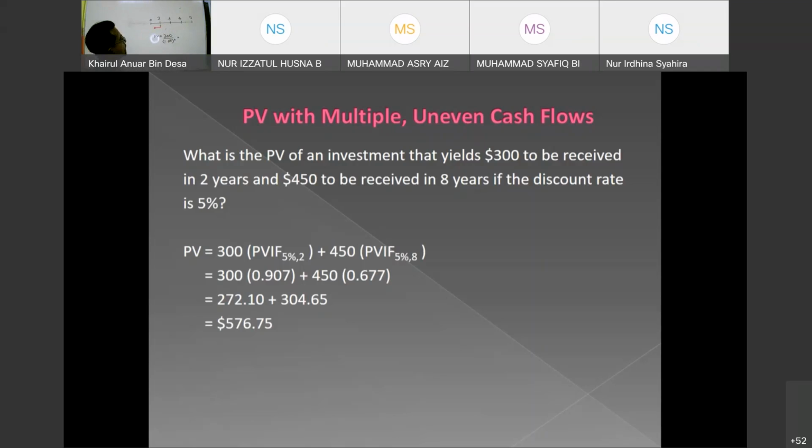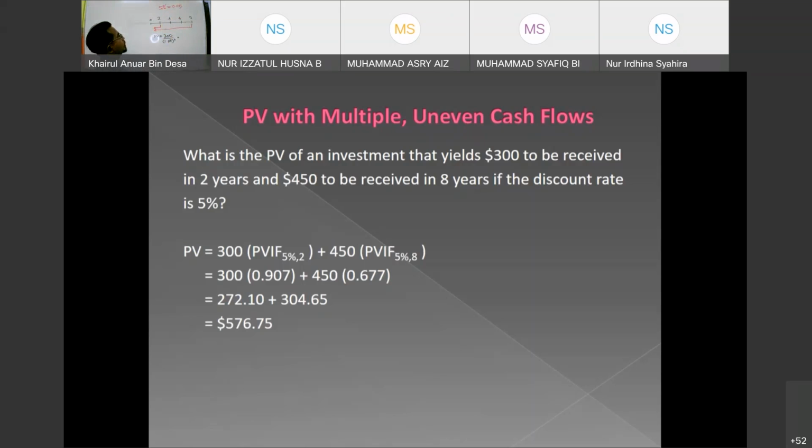Okay. Yang kedua di sini, 1.05 dapat mana? 5% sama dengan 0.05, atau dalam bentuk point kita tulis 0.05.